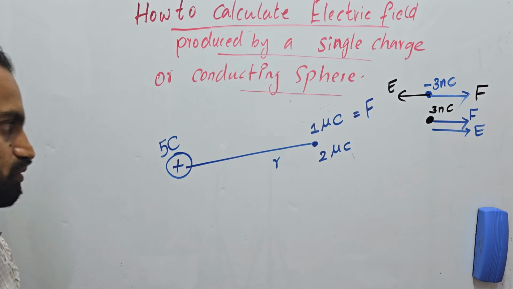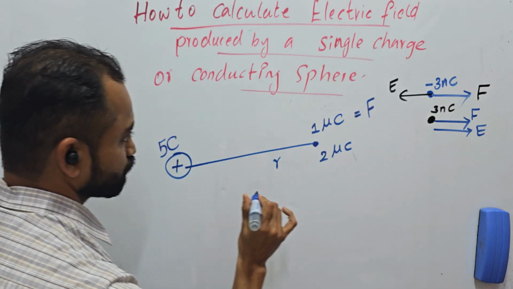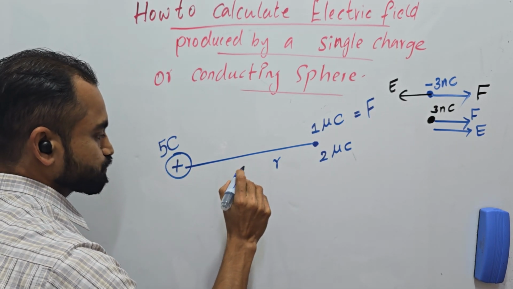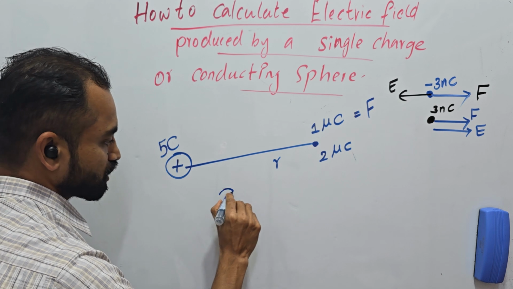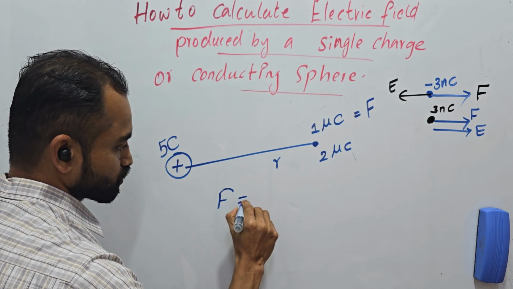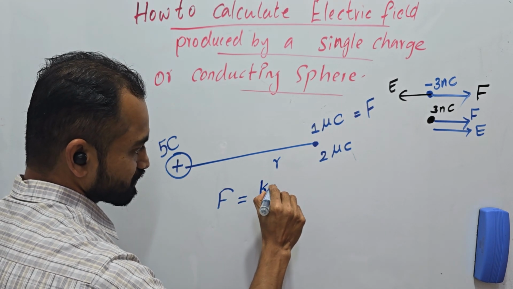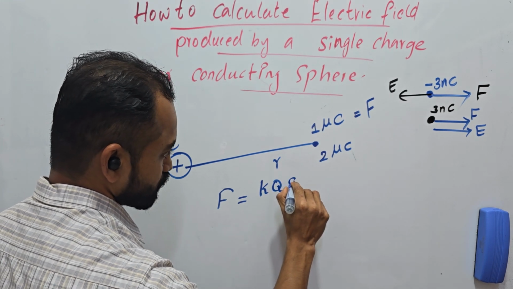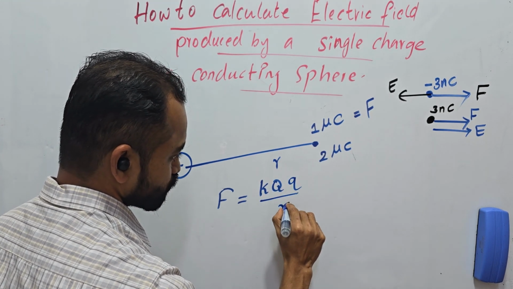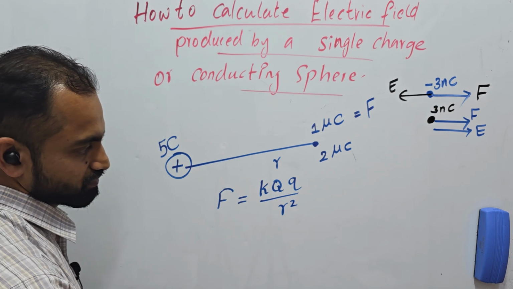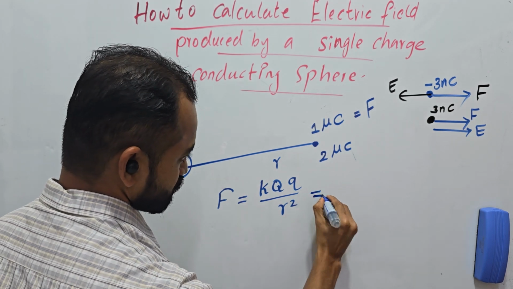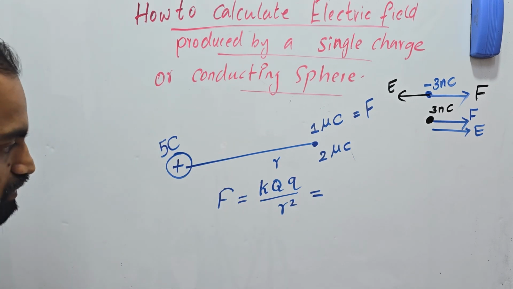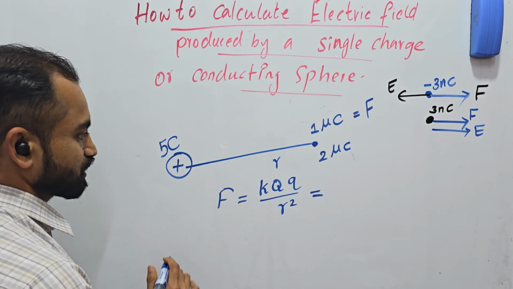Yes, that's a good question; you will know from this equation. The force experienced by an electric charge is equal to K multiplied by Q1 multiplied by Q2 divided by r square, right? No need to calculate, we will understand without calculating, but still I will calculate.